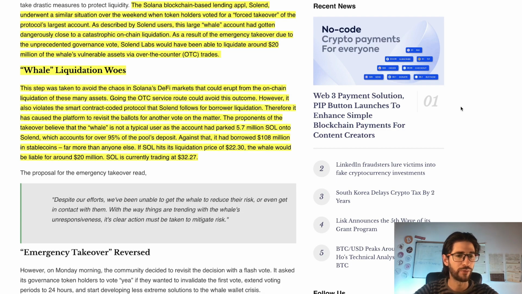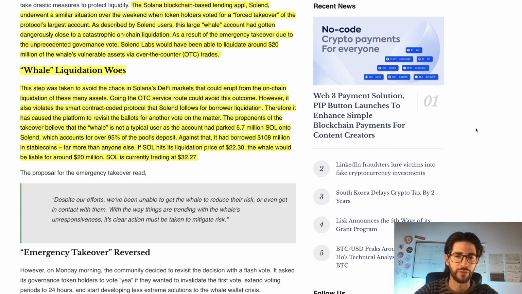However, it also violates the smart contract coded protocol that Solend follows for borrower liquidation. Therefore, it has caused the platform to revisit the values for another vote on the matter. The proponents of the takeover believe that the whale is not a typical user, as the account had parked 5.7 million SOL tokens onto Solend, which accounts for over 95% of the pool's deposit.